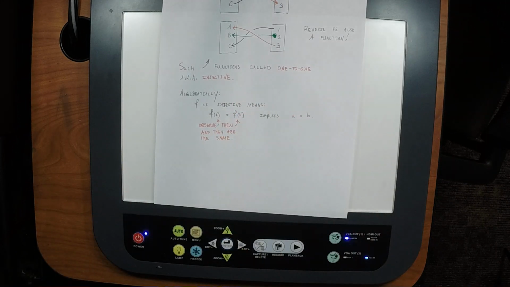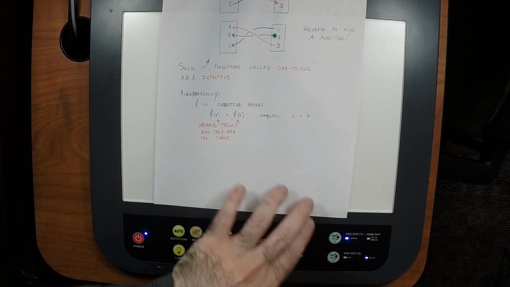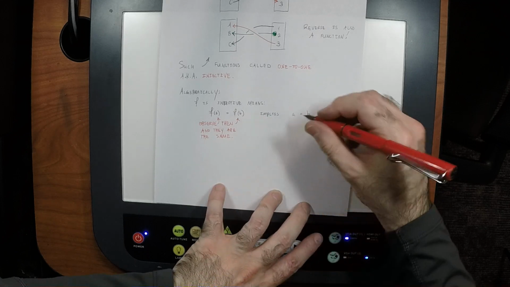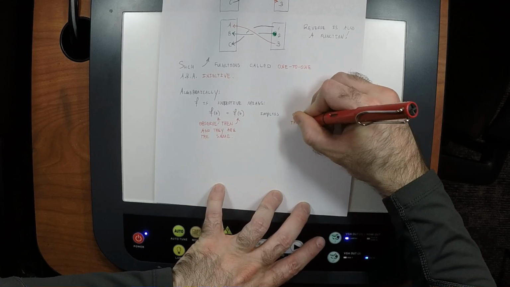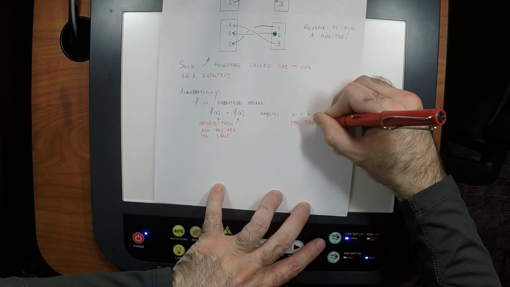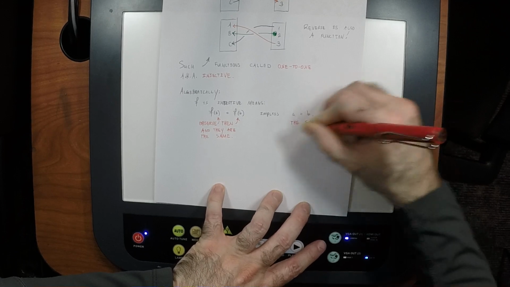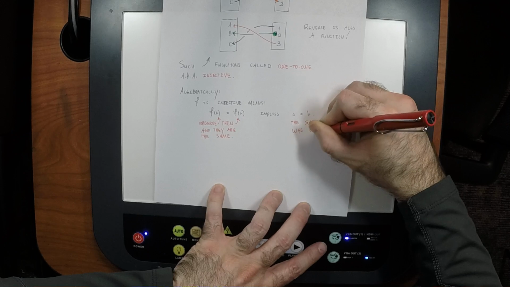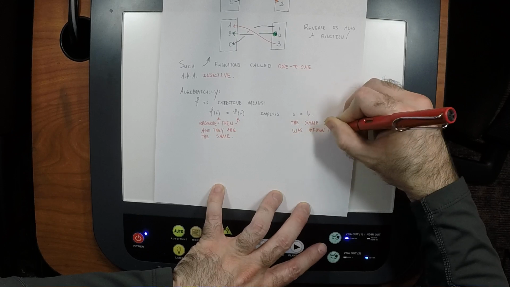It's like you're standing at the output of a machine, and you watch a 5 come out, and then a little bit later you watch another 5 come out. Well, if that machine is injective, both of the times that you saw a 5 come out, the same input must have been provided, because there's only one way to get a 5. So if you observe this and then that, and they are the same, then the same input was given twice.